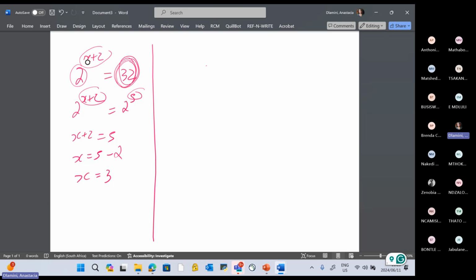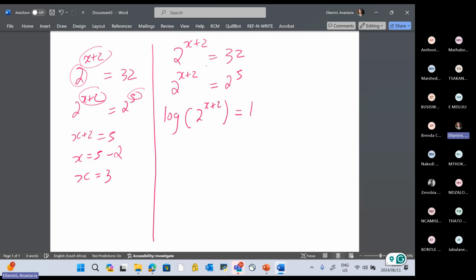But we can also use it for such a problem, because we know that 2 to the power of x plus 2 is equal to 32, which is 2 to the power of 5. Then we can take log on both sides. So this is log of 2 to the power of x plus 2, and this is log of 2 to the power of 5.